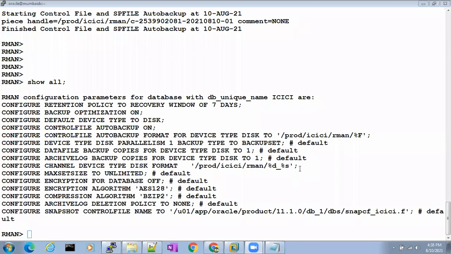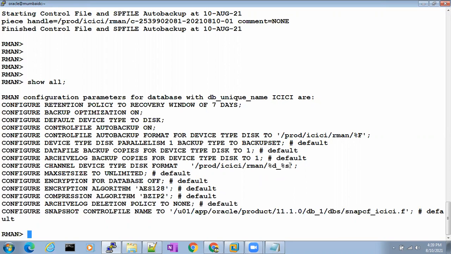Every backup is going and sitting in a piece, right? So I want to understand which backup is going and sitting in which backup piece. So to easily understand, I am giving one format so that my database backups will be stored in this format, and it will be easy for me to understand. That is why I'm giving percentage D, percentage S.